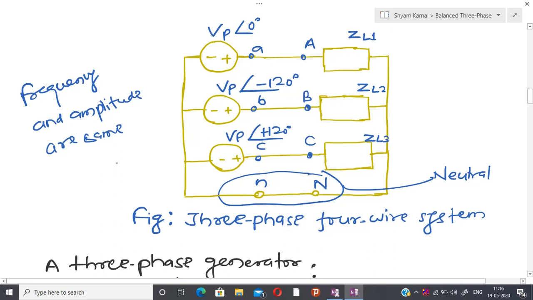And basically three phase systems are relatively more economical than single phase systems. Due to that reason, this kind of connection is very much useful.